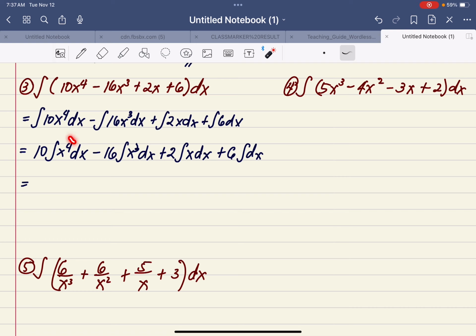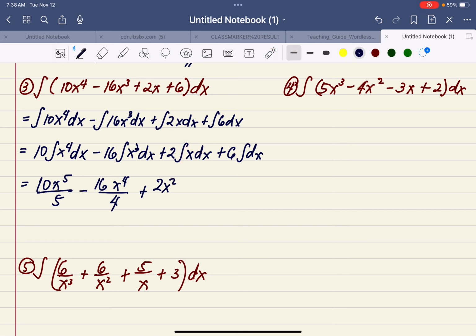Apply now the antiderivative rules. So this is 4 plus 1, and that will become 10x raised to 5 over 5 minus 16x, this is cubed, and that will become 4 over 4, plus 2. The exponent of x is 1 plus 1, so we have x squared over 2, plus 6x plus c.